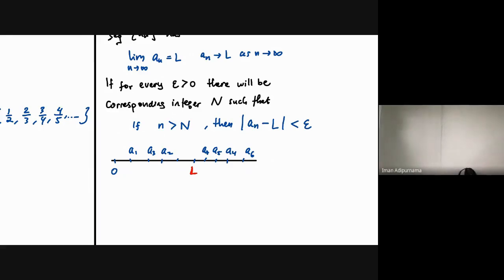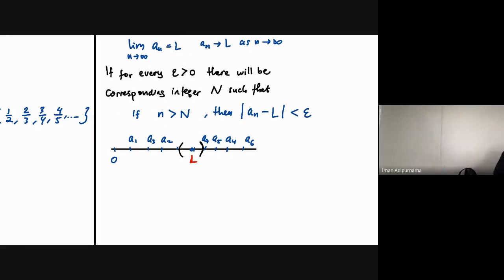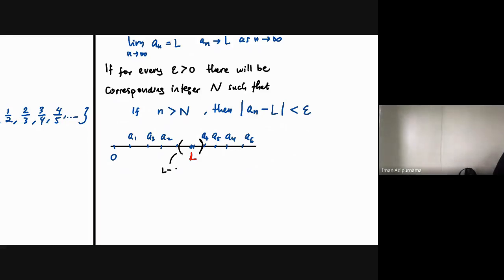What I want to show you is the subset around L. Let's say this area here, around L. And let's say this is L minus epsilon and this is L plus epsilon. Imagine this gap is really small, really small, so epsilon is really small.